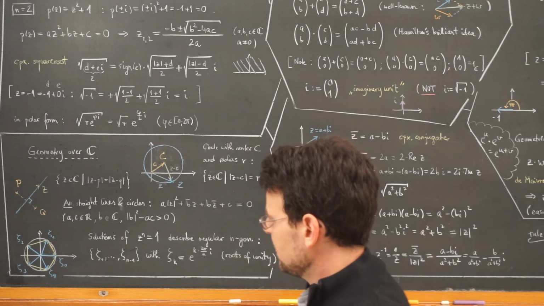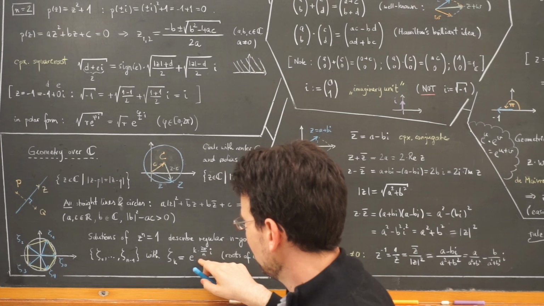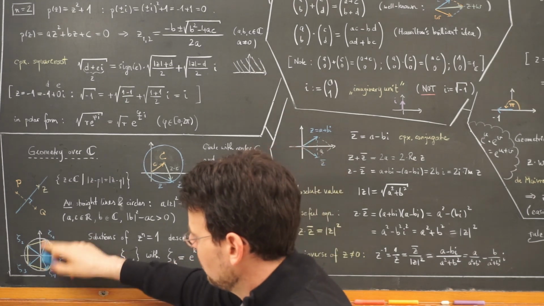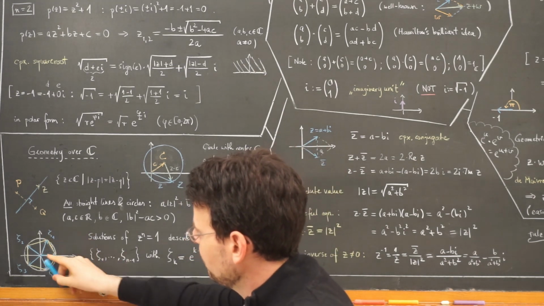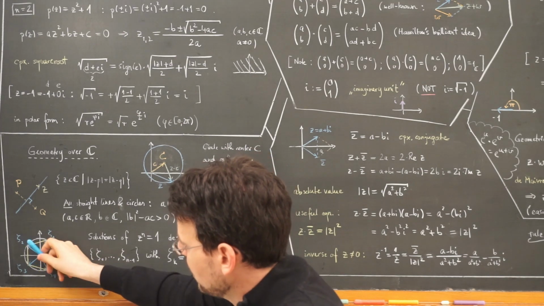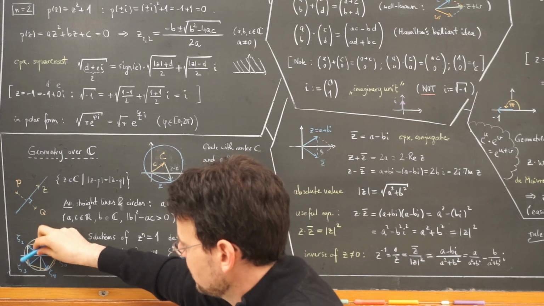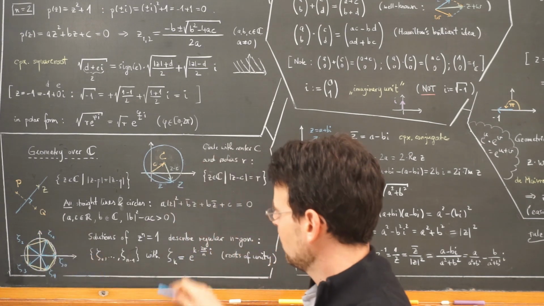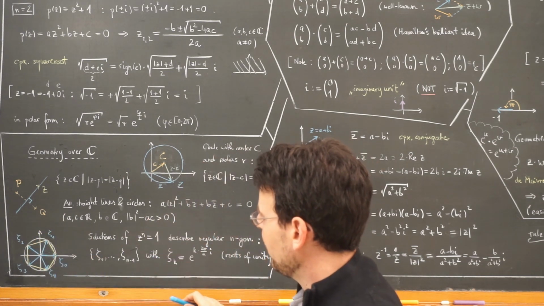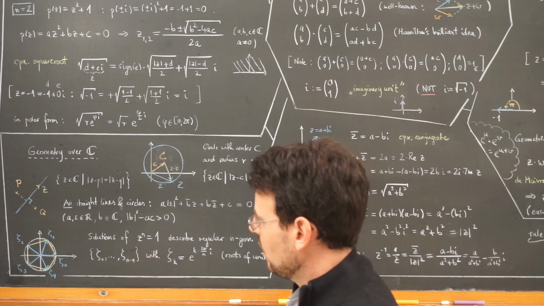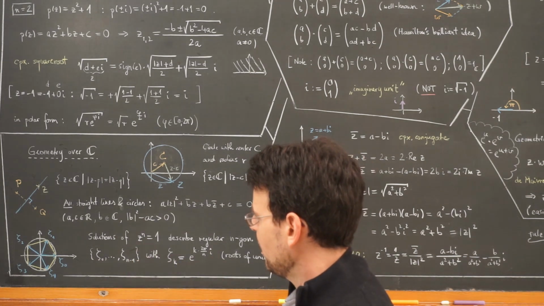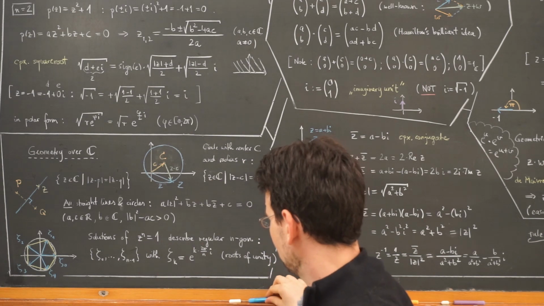And to understand the geometry, if I multiply this number, say zeta 1, with itself, the angle gets doubled and I get zeta 2. If I take it to the third power, I get zeta 3 and so on. So this is a very neat way to describe regular n-gons in the real plane using complex numbers.